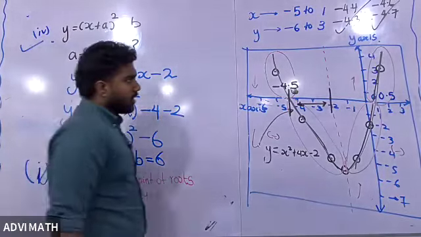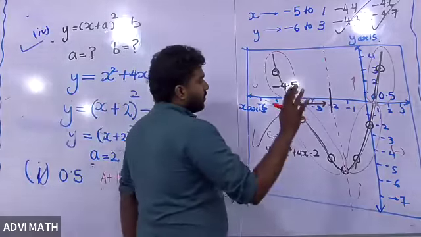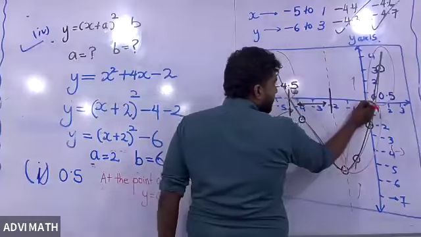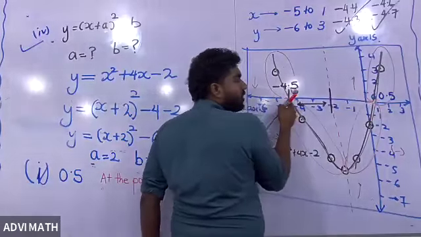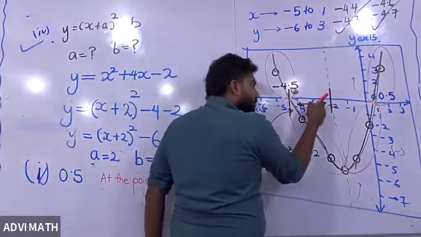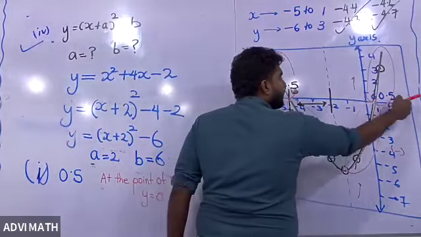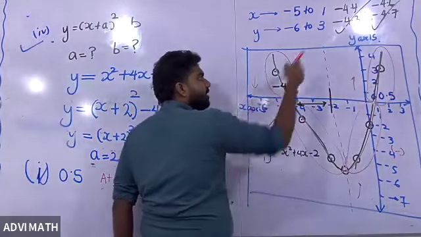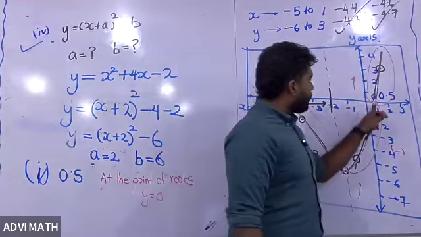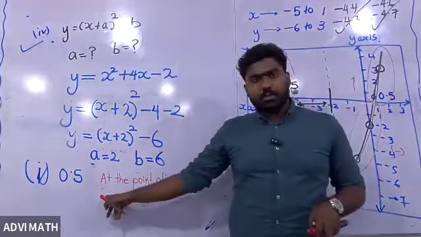The root is where the graph cuts the x-axis. So at this point, what is the value of y? If a point is on the x-axis, what is the value of y? 0. So at the point of root, y is equal to 0, right?